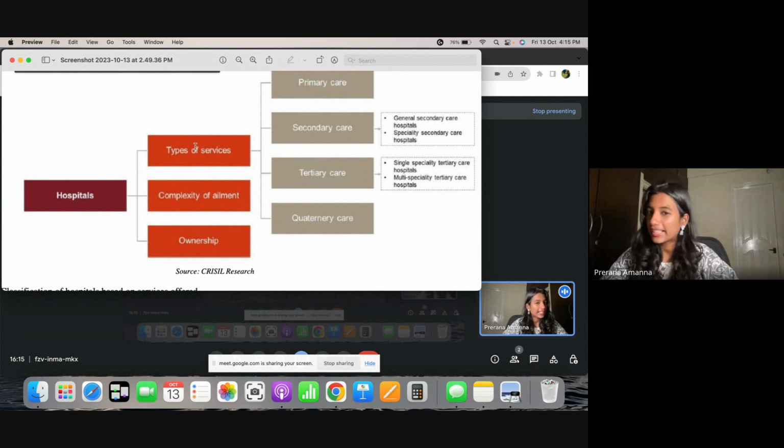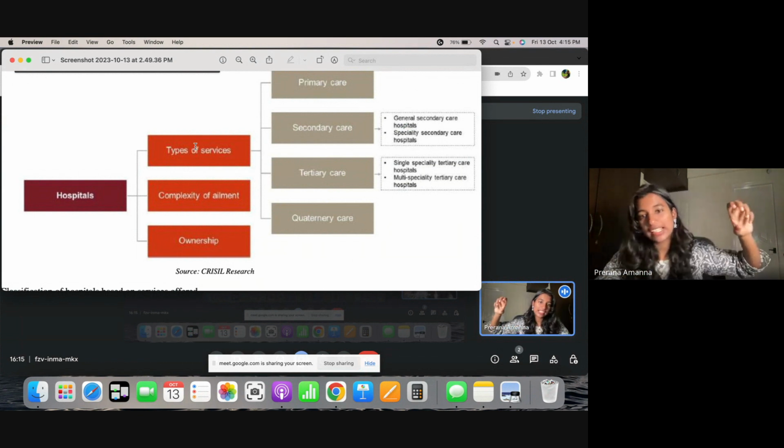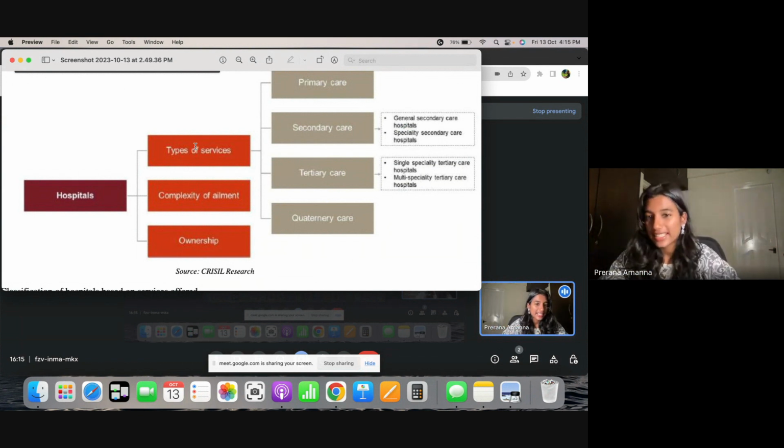The second is your secondary care. In secondary care, there are two different types. One is general secondary care, and the next is your specialty secondary care hospitals. General secondary care is, let's say for example, you need a certain disease specific clinic, like a diabetic clinic or an ENT clinic, they treat a certain disease or an ailment. But having said that, here they are limited, it is more like a consultation that you go for.